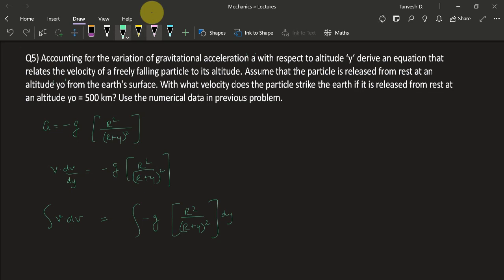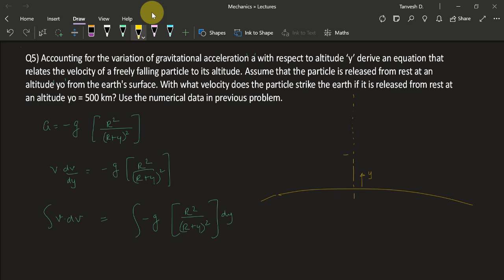For that, let us understand the question again. First of all, this y is measured from the Earth's surface, right? So let's say that this is the Earth's surface, something like this, and vertically we are measuring the y in this direction.